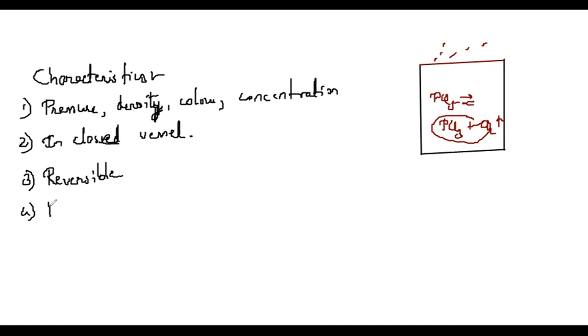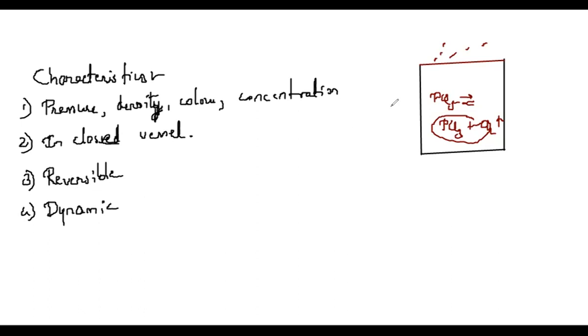The equilibrium state is dynamic. It is not static, students. Suppose in the beginning the concentration of the reactants is more, so the rate of forward reaction will be more. At the end, the concentration of products is more, therefore the rate of backward reaction increases. So when equilibrium is attained, the rates of both the backward as well as forward reactions remain the same.